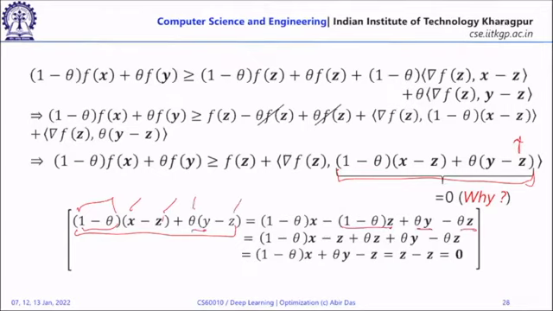Now expanding this part, this is z plus theta z, theta y minus theta z. So these two get cancelled. So 1 minus theta x, theta y, the negative z is here, and then this whole part is your z. So what it becomes is z minus z, which is 0.